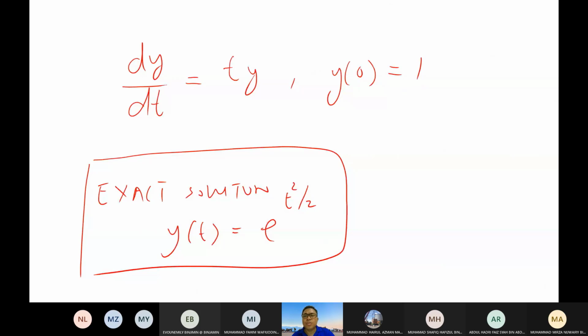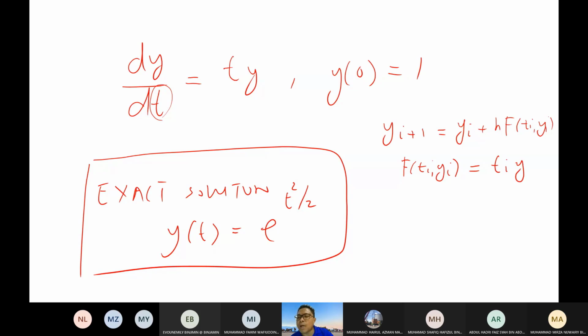Okay. So meaning that if you want to use Euler, this will be y_{i+1} is equal to y_i plus h f(t_i, y_i). Saya masih gunakan t because my independent variable t is there. So my f(t_i, y_i) is equal to t_i y_i.